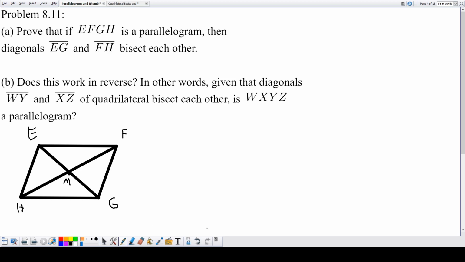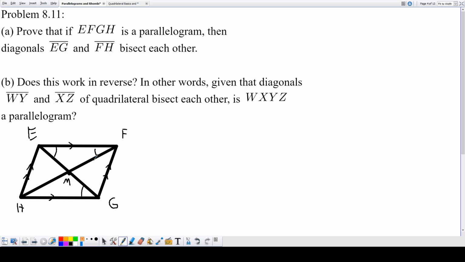So, we can typically show these things with congruent triangles. And since we know we have a parallelogram, we know the opposite sides are parallel. Now, what we can figure out from there is that the angle FEG must be the same as EGH, alternate interior angles.